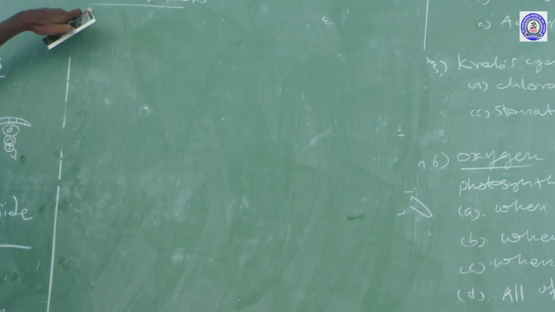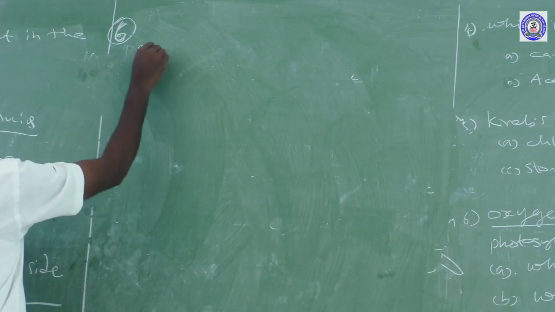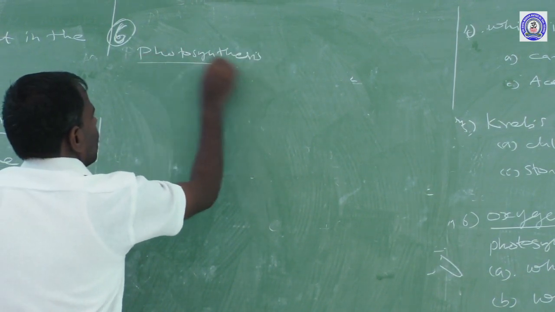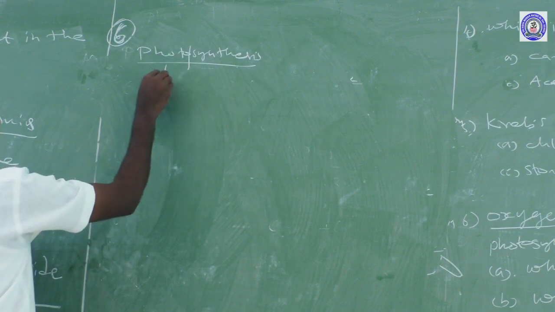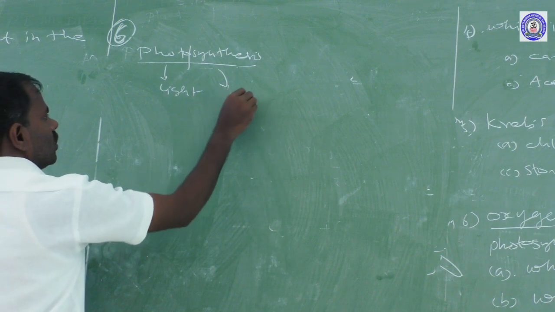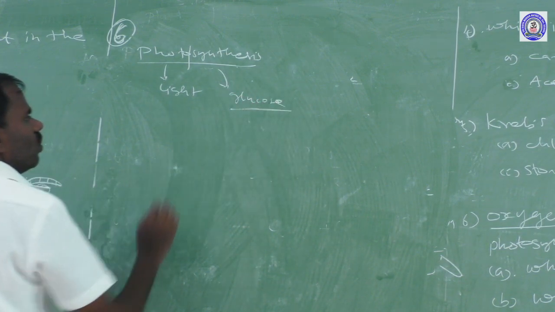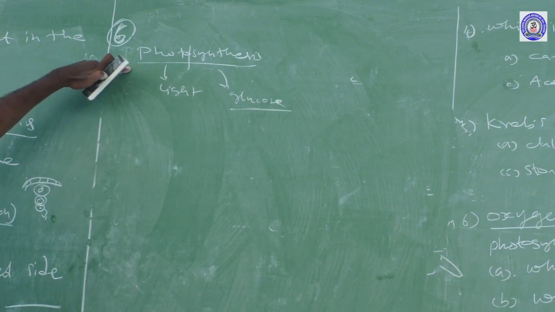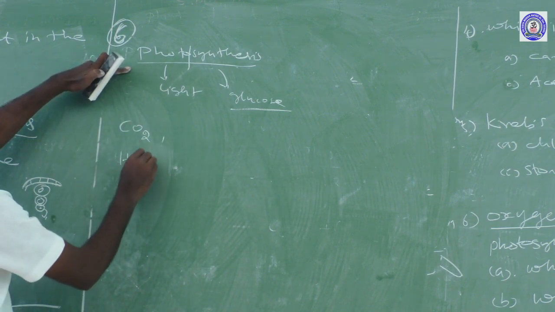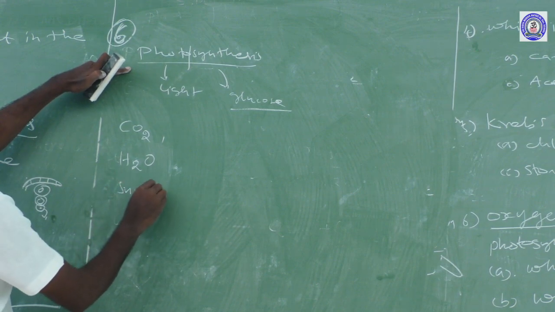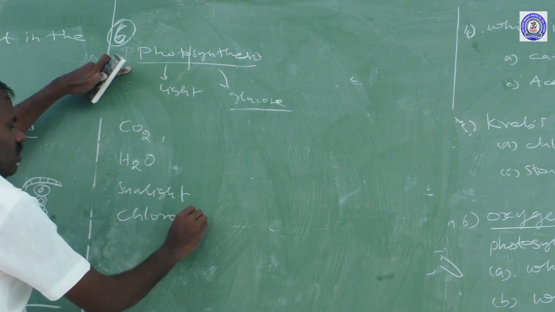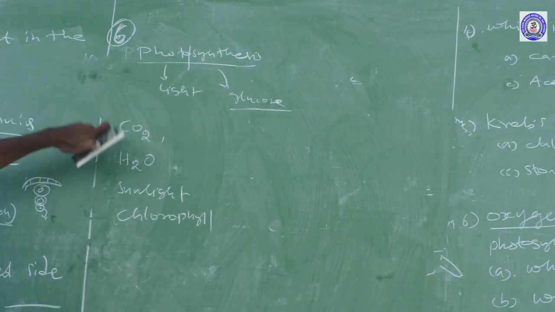What are the raw materials for the photosynthesis process? The raw materials are carbon dioxide, water, sunlight, and chlorophyll.